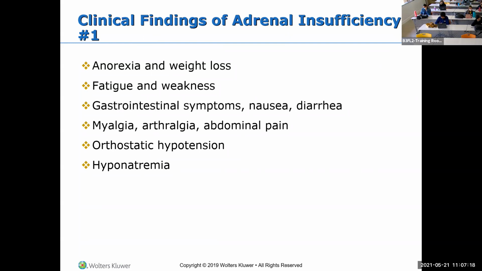Remember I mentioned the aldosterone. Aldosterone is not there. My body is getting deficient in sodium, hyponatremia. Not only deficient in sodium, also decrease in blood volume, increase in potassium. Okay.